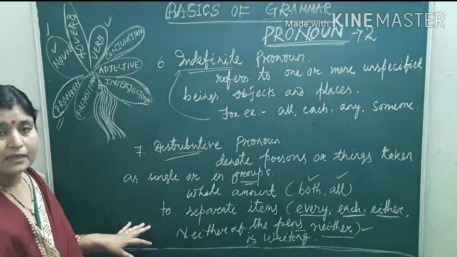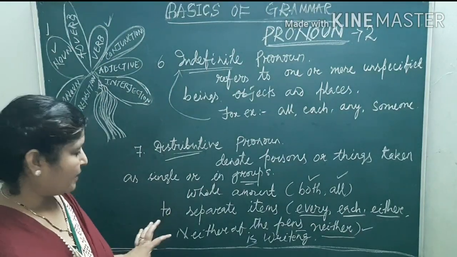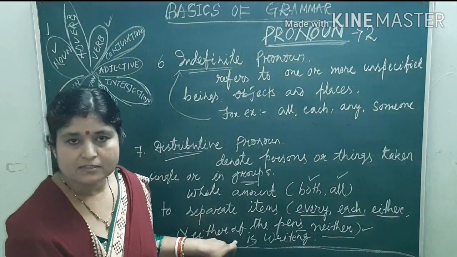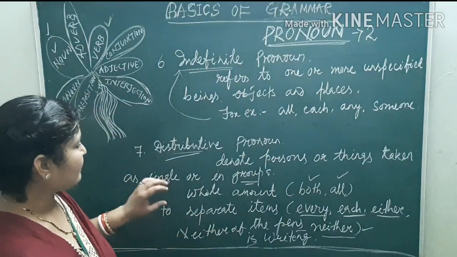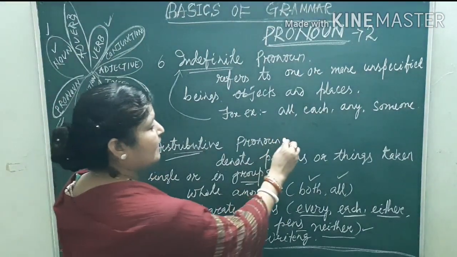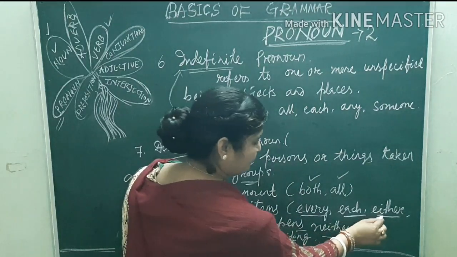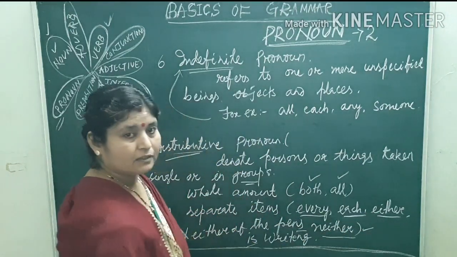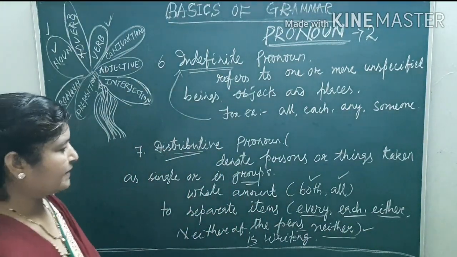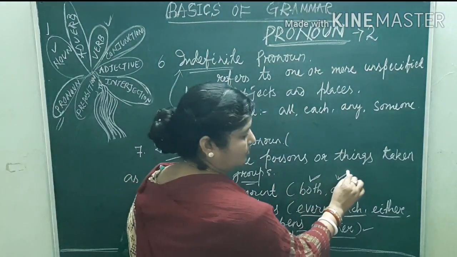When I teach you subject-verb agreement, you will get the clear answer to this. So distributive pronoun means each, every, either and neither. And when we are taking a whole amount, then that is both and all.